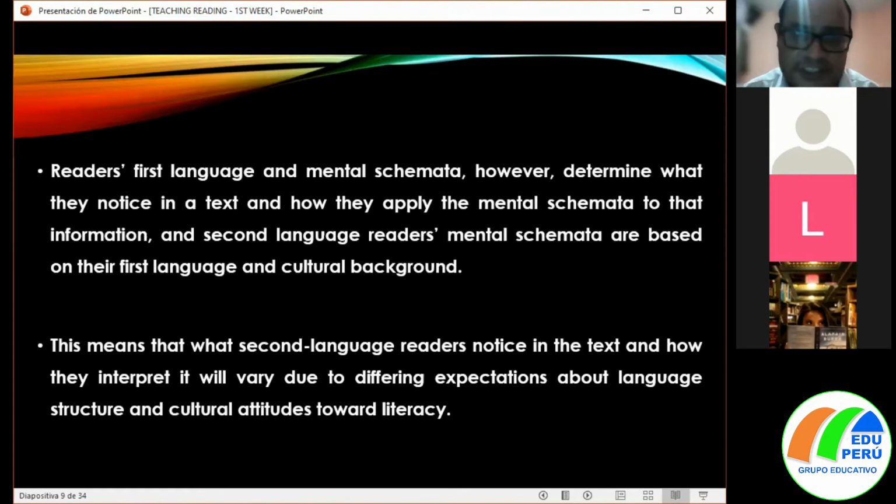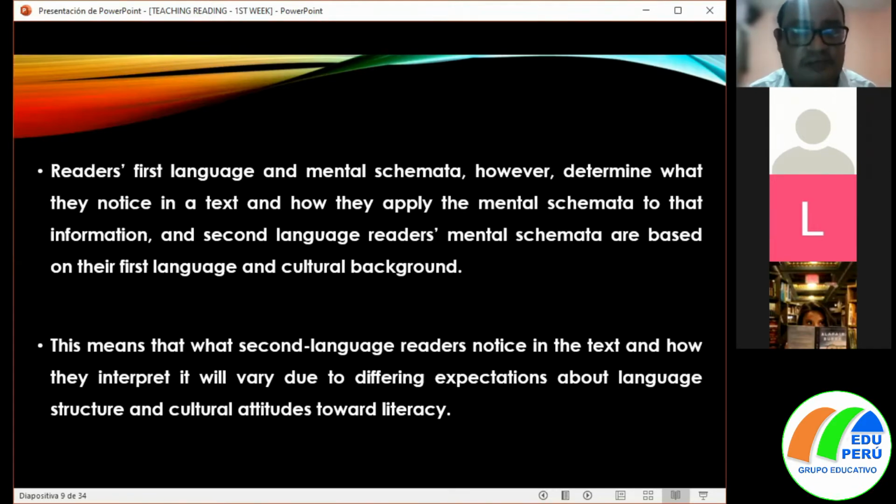They are not going to understand it in the same way because they have different background information related to his or her life or related to the language. They have different expectations about the language structure and cultural attitudes toward literacy.